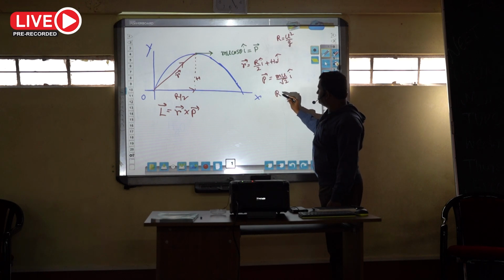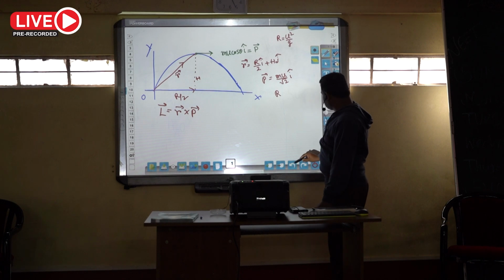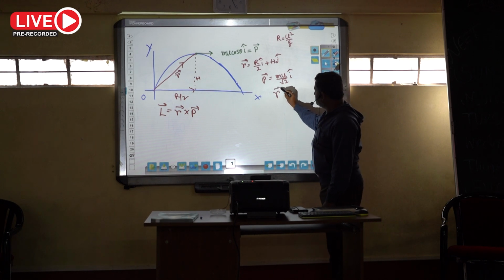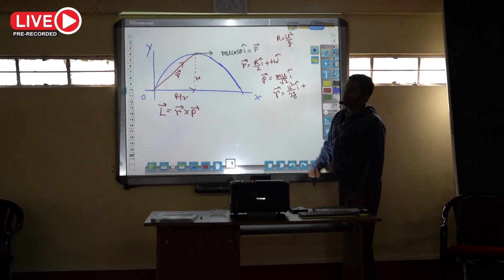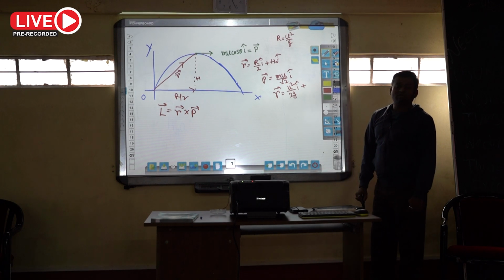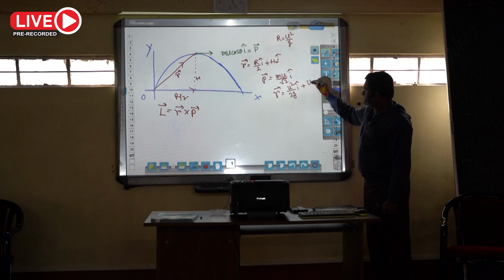So the position vector r will become u square by 2g i cap plus, now h for 45 degree is u square sine square theta by 2g. What will be that? u square by 4g j cap.